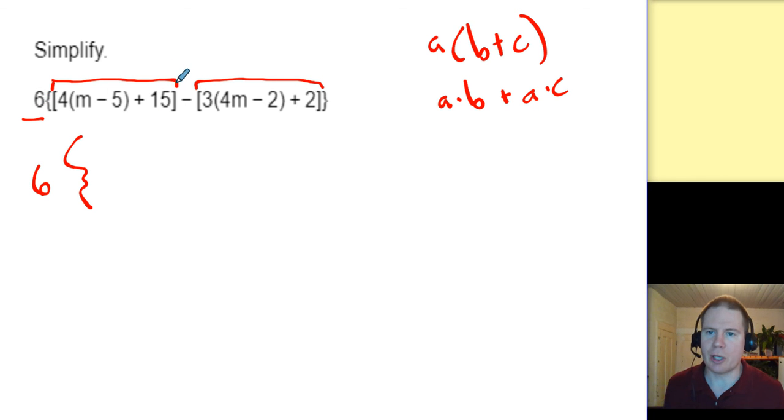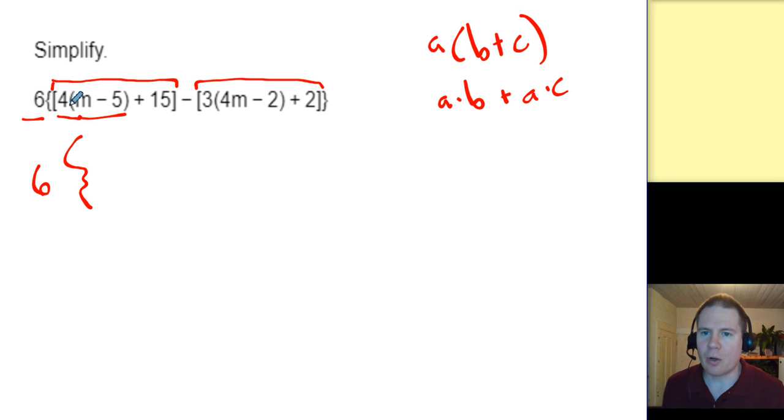So what's happening inside that bracket? I have a 4 next to a parenthesis, and then plus. So within this term, I have two terms. A 15 that's being added to this thing. So I have to simplify this before I can add 15.